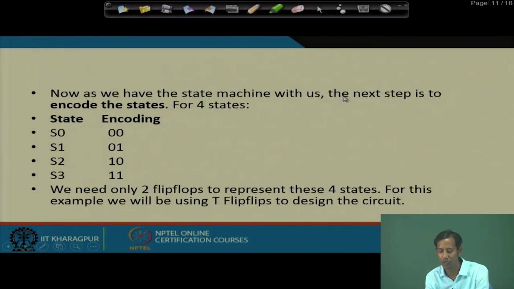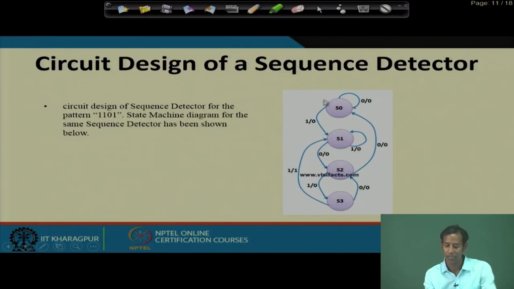If it is not 1, it will again check the next bit. So if it is 0, the output will also be 0. If S0 finds 1, it will go to the S1 state.